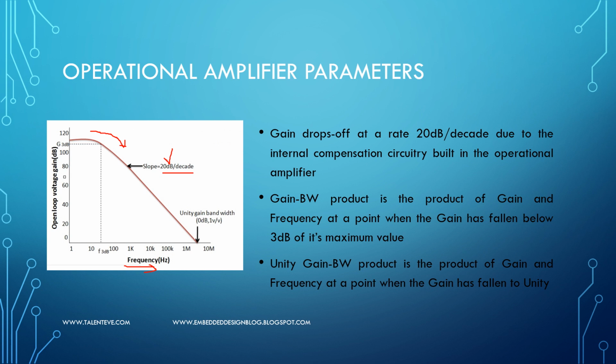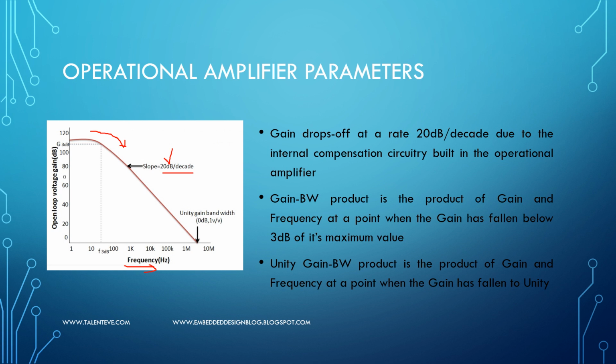Now the gain bandwidth product is nothing but the product of the open loop voltage gain and the frequency at which the gain has fallen 3 dB down from the maximum open loop voltage gain. So if you see here, for example, 110 is the maximum open loop voltage gain.